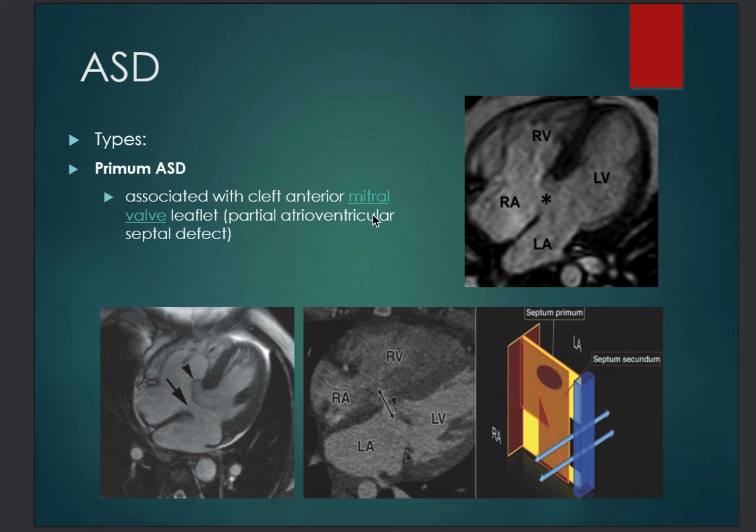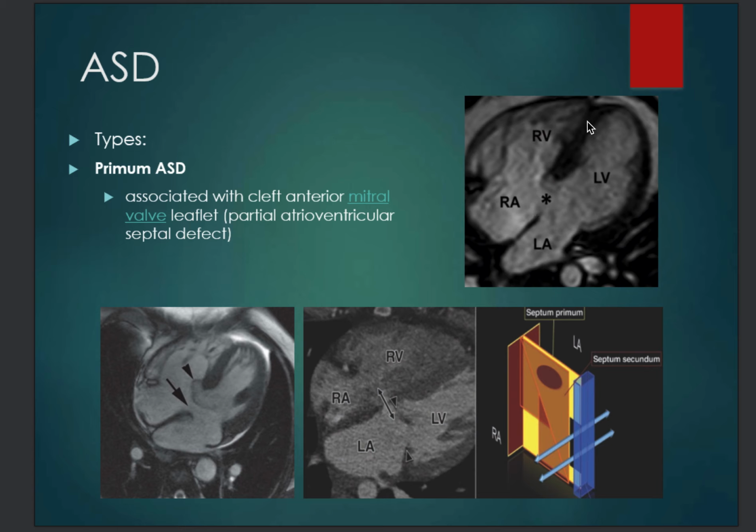Primum ASD: whenever you see the mitral and tricuspid valves at the same level, you should be suspicious of a partial AV canal or ASD primum, where the septum primum anteriorly is deficient and there is a communication between the left atrium and right atrium.